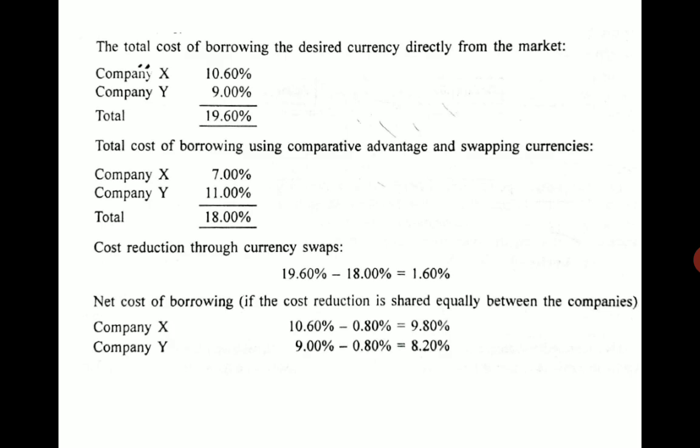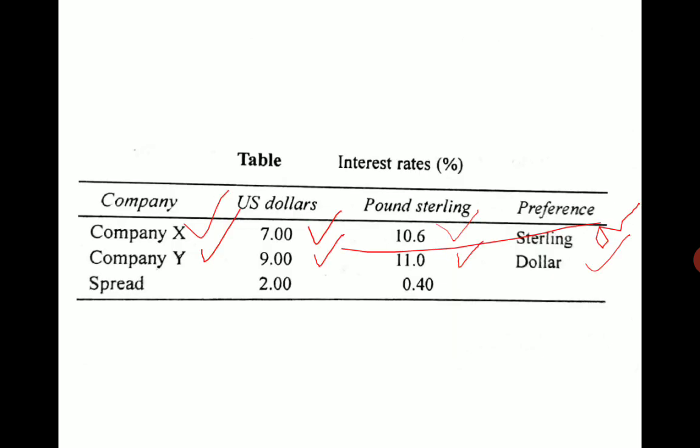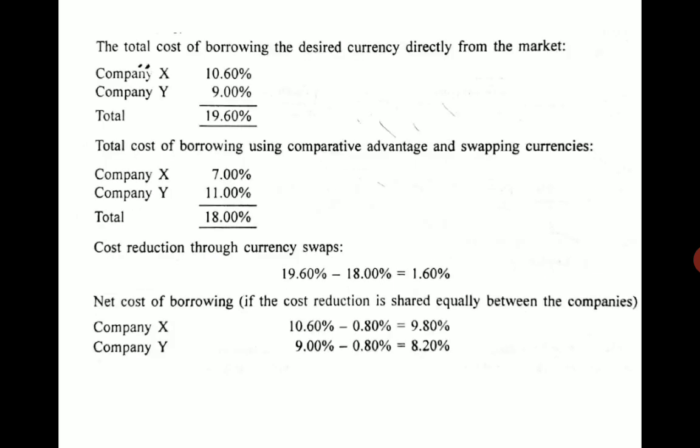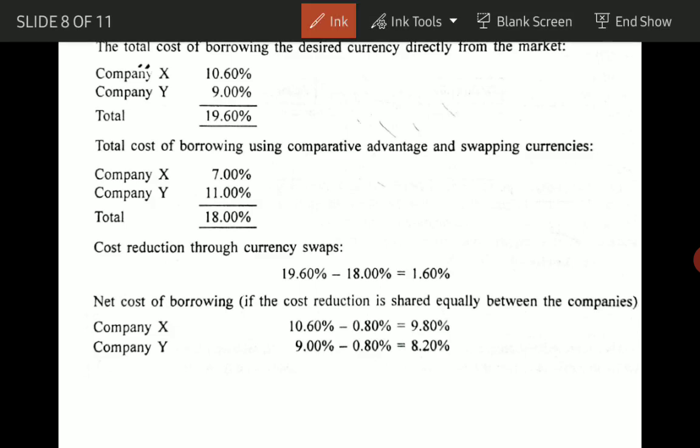Now imagine if company X had taken a loan in pound sterling, it would have paid interest at 10.6%, and if company Y had taken a loan in US dollars, it would have paid 9%. So the total cost of borrowing by both companies directly from the market would be 19.6%. Now what happened when both companies used the currency swap and borrowed in different markets?